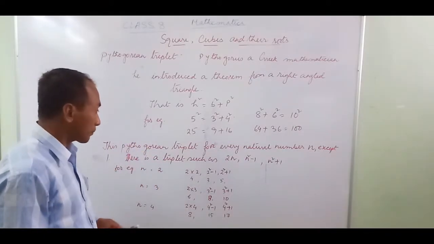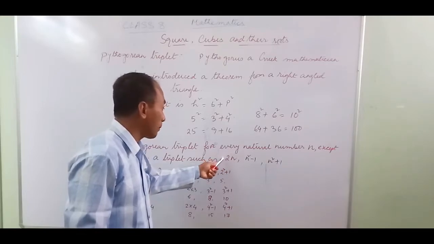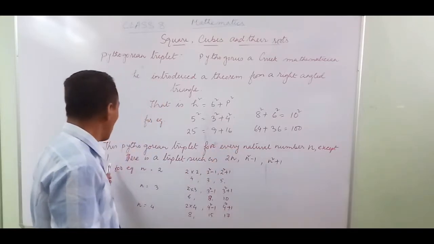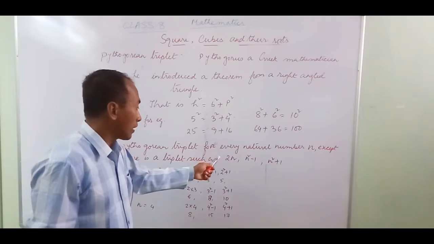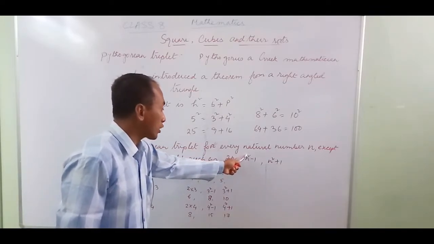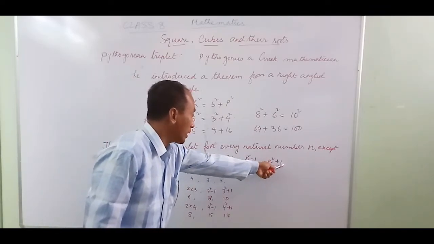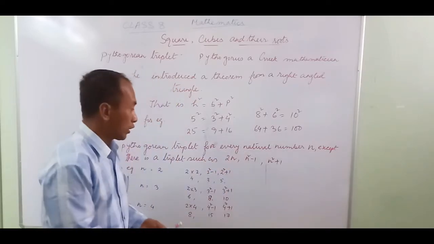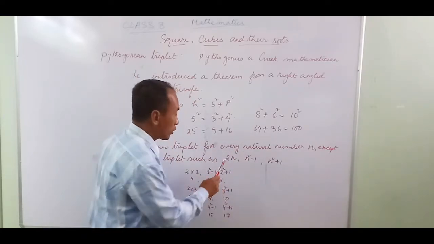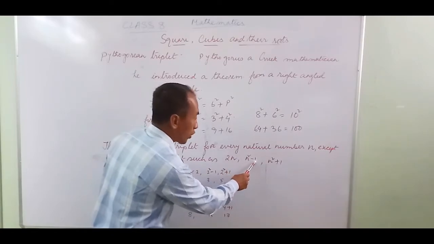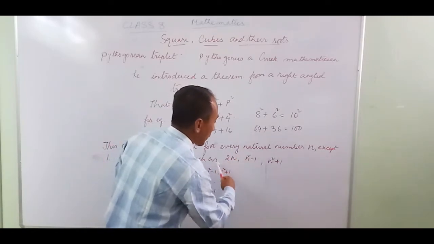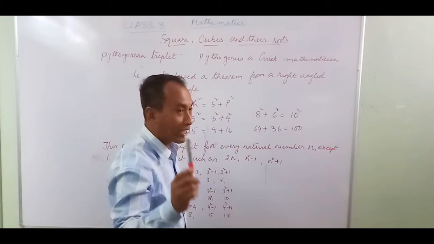If we take a natural number n, then 2n, n square minus 1 and n square plus 1 is the Pythagorean triplet. I repeat, 2n, n square minus 1, n square plus 1 is the Pythagorean triplet for any natural number.